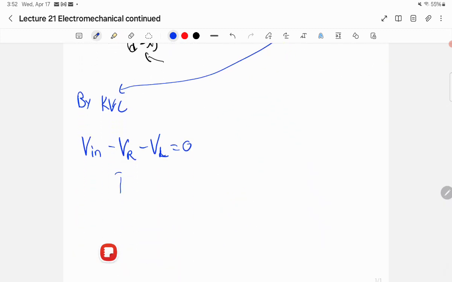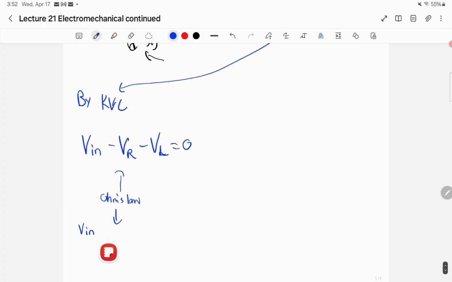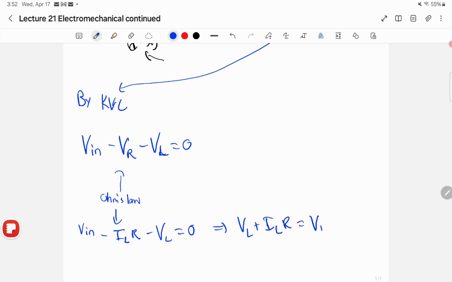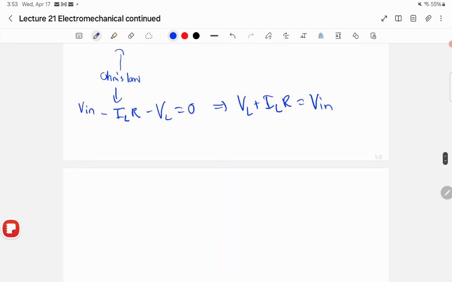Then by Ohm's law, this is going to be Vn minus IL times R minus VL equal to 0. We can finally solve this out nicely, and we get L IL dot plus IL times R equal to Vn. Okay, so this is pretty simple.